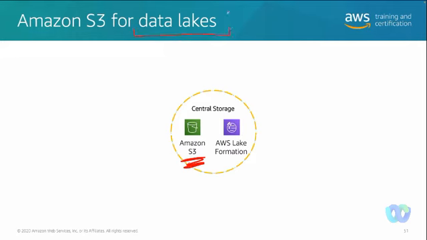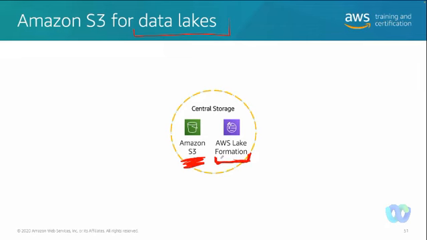It's a central location in which you're going to dump a bunch of structured and unstructured data, and from which you'll be able to analyze and process and do a lot of things and get the most out of your data. So, for example, we could create an S3 bucket in which we're going to store the data and then use AWS Lake Formation to create a data lake.